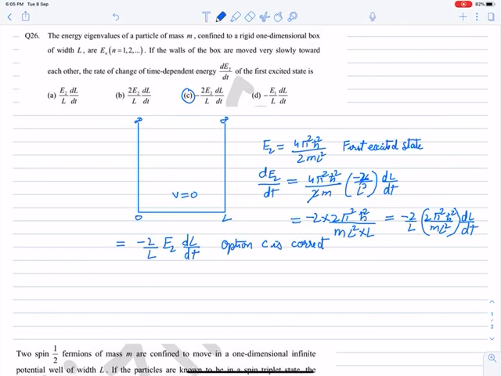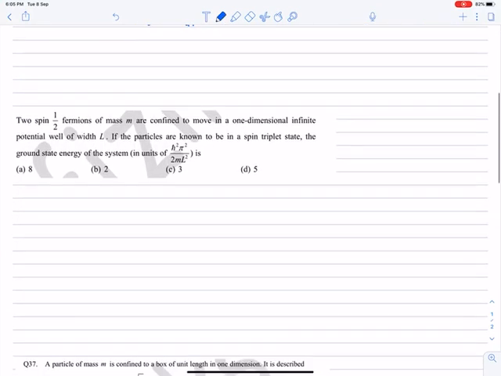Now question number 2. Two spin half fermions of mass m are confined to move in a one-dimensional infinite potential well of width L. If the particles are known to be in spin triplet state, the ground state energy of the system. In my previous video on identical particles, I told that the multiplicity is given by 2s plus 1.